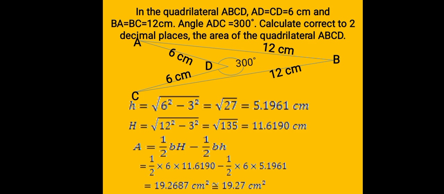We have the base for both triangles as 6. We have the height for the bigger triangle to be 11.6 and for the smaller one to be 5.2. Solving, we find that the area of quadrilateral ABCD is 19.27 centimeters squared.